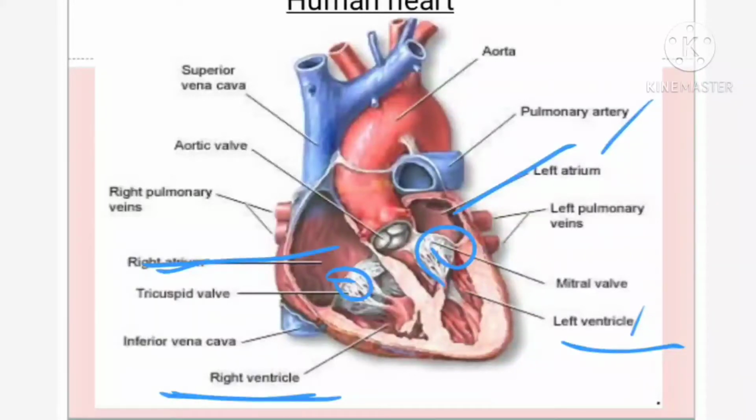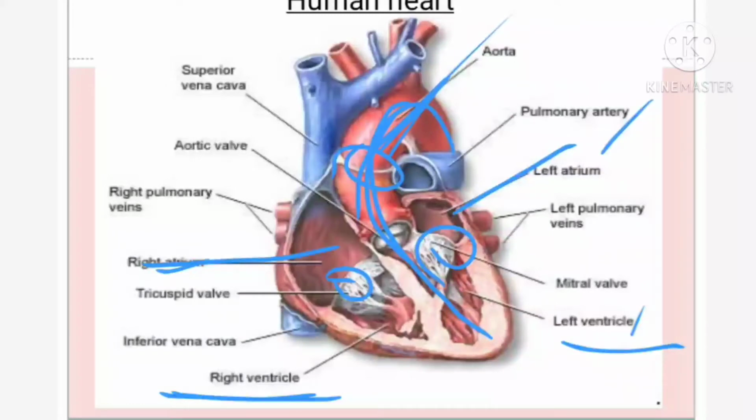Now one more thing is that you can find the valve, which is this one, the aortic valve. So from the left the blood is carried through the aortic valve. So this is the aortic semilunar valve, which is carrying the blood to which part? The aorta. So this red colored thing is leading to the aorta.